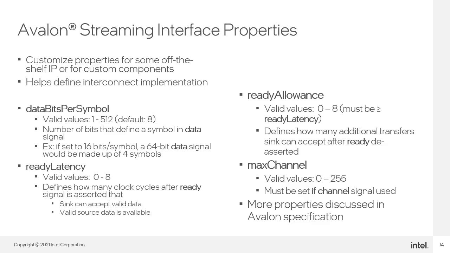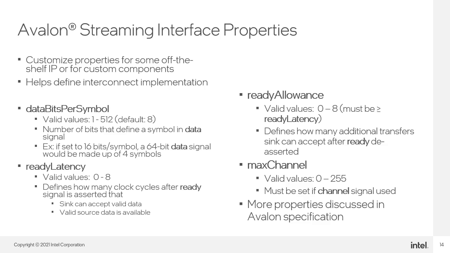For a sink, readyLatency indicates how many cycles occur between when the ready signal is asserted and when the sink is actually ready to accept valid data, or when the ready signal is deasserted and the sink will no longer accept valid data.